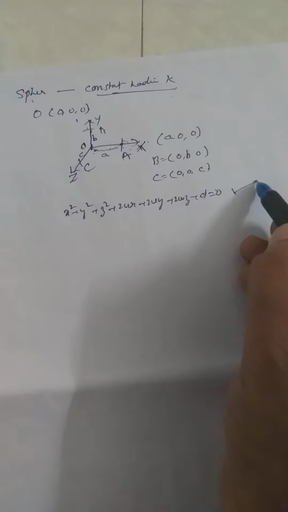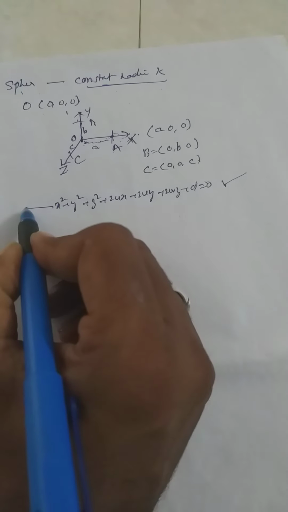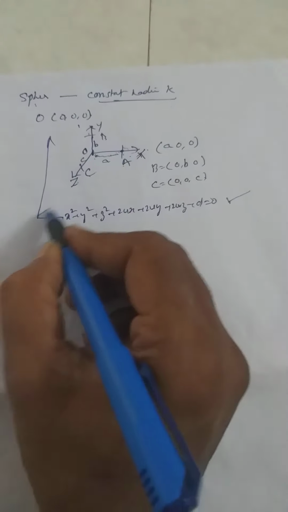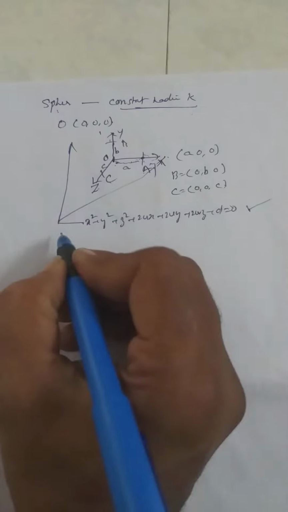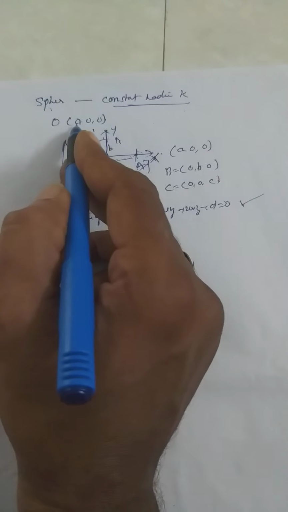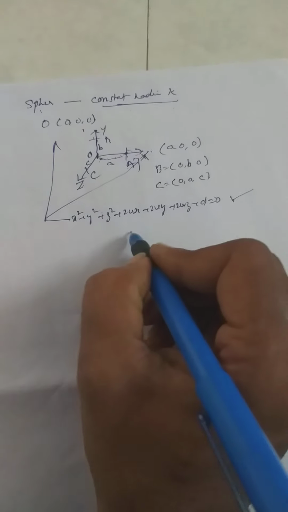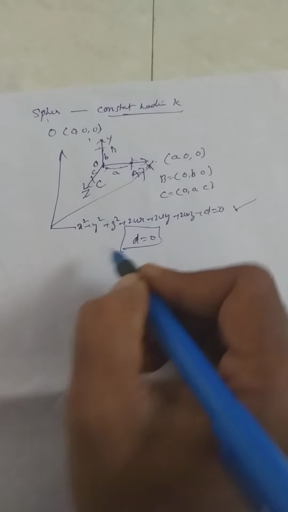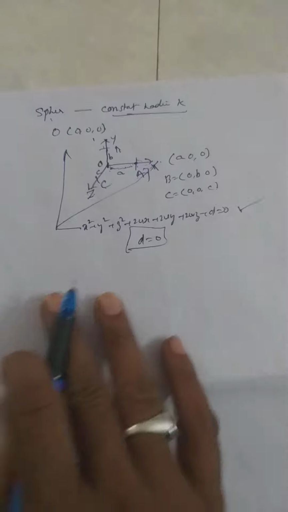This is always our required equation of the sphere, the general equation. Now this sphere is passing through the 4 points, right? If you substitute the points one by one, what will you get? If you substitute 0, 0, 0 in this equation, you will get d is equal to 0.